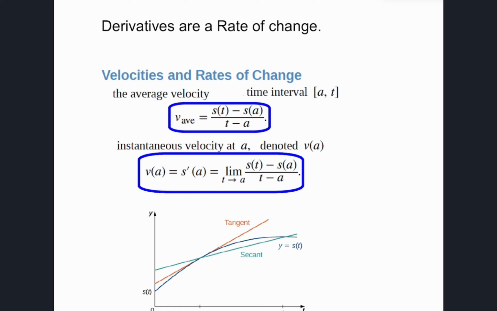And you'll notice that if we have an equation for our distance formula, s of t is our distance traveled, and if we take our derivative, that is going to be our velocity at a particular instant.